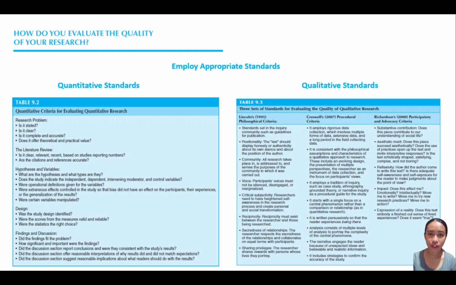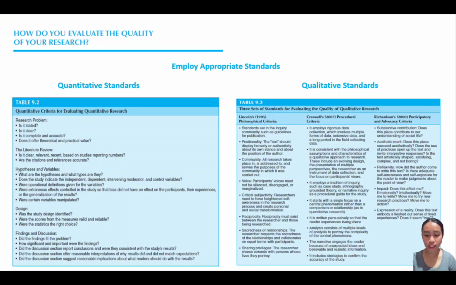Overall, Richardson's criteria provide a comprehensive way to assess qualitative research, looking at its contribution, presentation, reflexivity, impact, and authenticity. So evaluation will differ depending on whether the study is quantitative or qualitative.